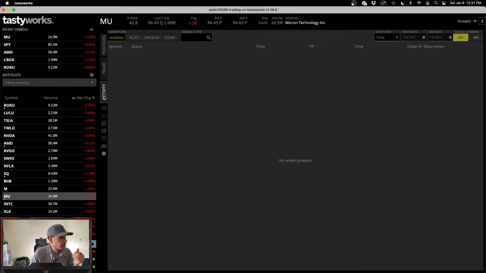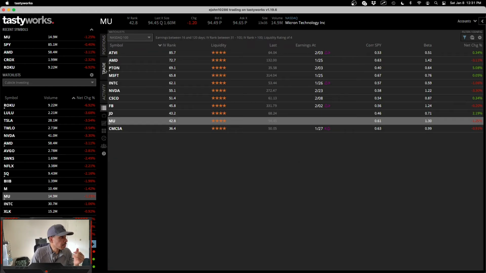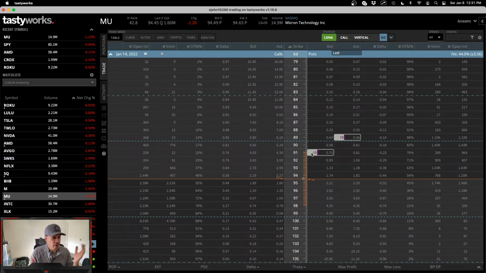And so going below that, I feel like I'm safe, so I feel like my short option contract, the one that I sold, will be out of the money, meaning that the price of MU will not drop below my short strike of 91 come January the 14th.